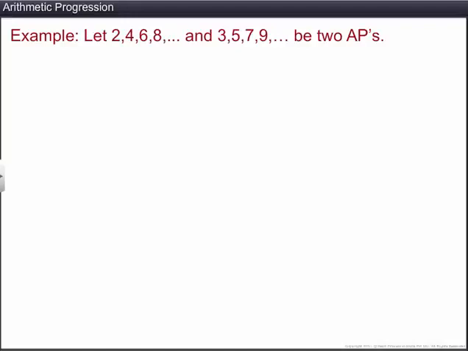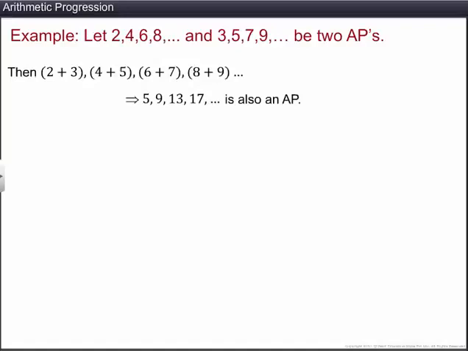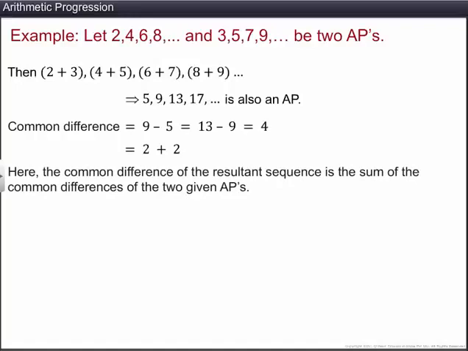On adding the corresponding terms of two arithmetic progressions, we get the sequence of terms 5, 9, 13, 17 and so on. This is also an arithmetic progression. Observe that the common difference of the resultant sequence is the sum of the common differences of the two given arithmetic progressions.